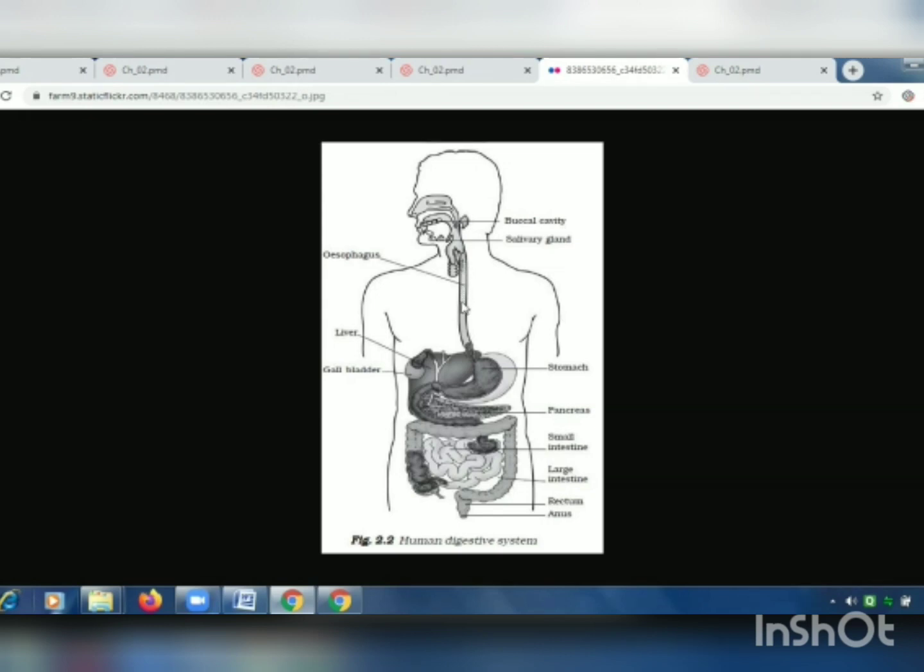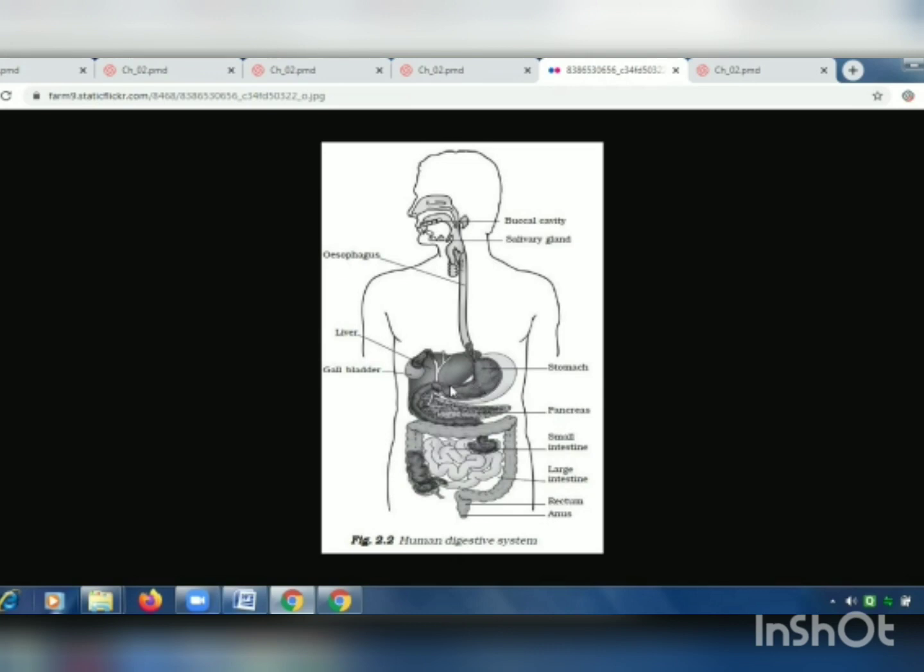The movement of the wall of the esophagus pushes the food down to the stomach. In the stomach, hydrochloric acid and digestive juices are secreted, and that helps in the digestion of the food in the stomach.